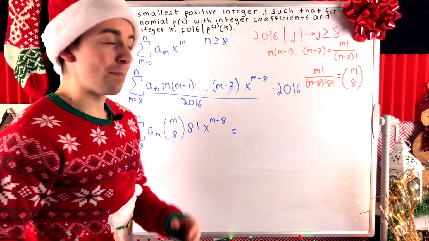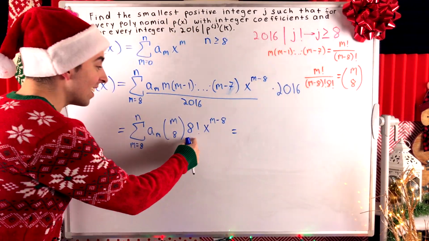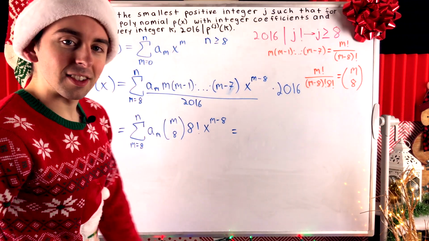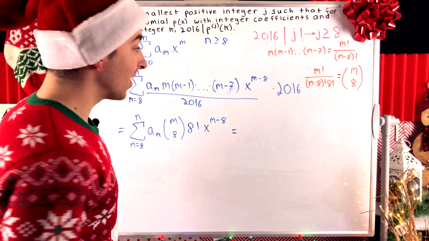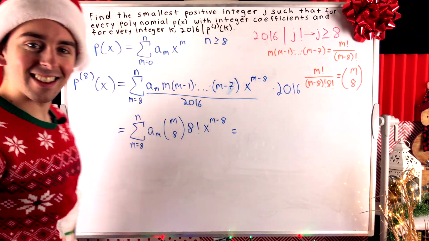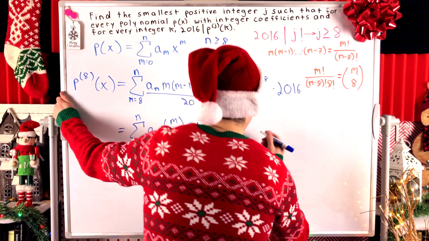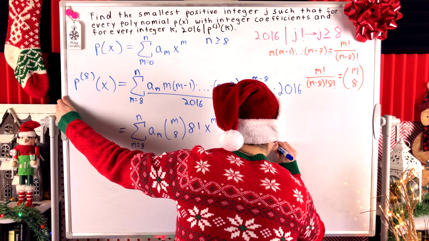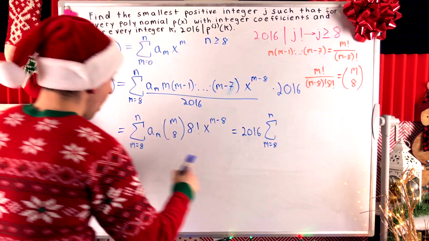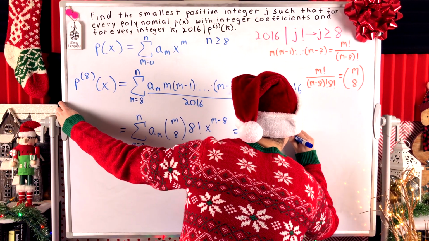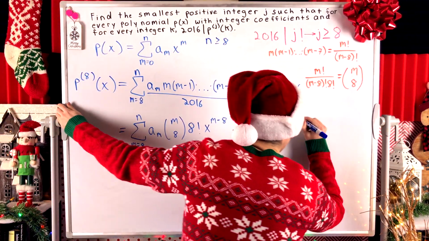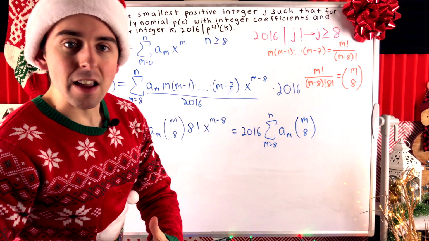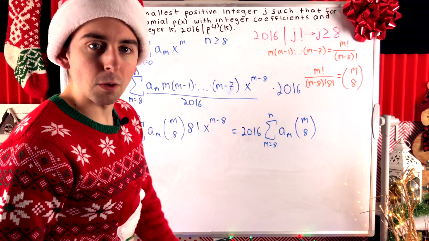Then finally, remember the big deal about this 8 factorial is that it is a multiple of 2016. So let's just pull that factor of 2016 out of the 8 factorial. And then finally, we can write this 8th derivative of our polynomial like this. 2016 times the sum from m equals 8 to n of am times a binomial coefficient, m choose 8, multiplied by what's left of the 8 factorial after we pull out a factor of 2016.